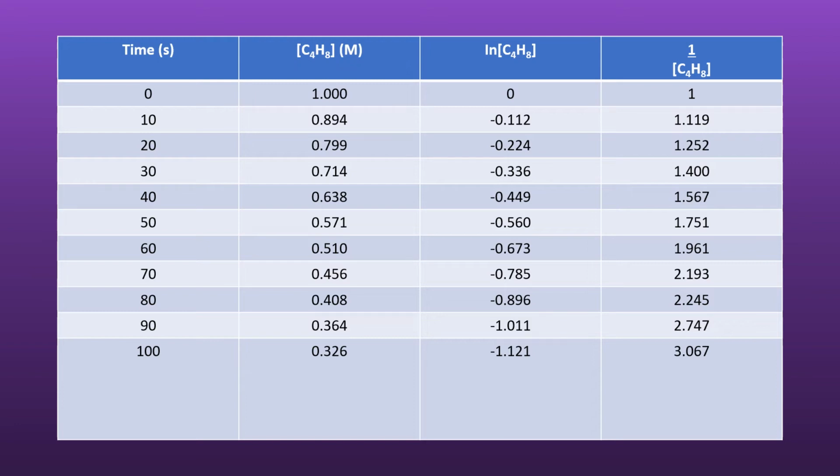Now, if you want to determine very quickly, just by looking at our data, which order it is, we know that this is not going down by equal amounts. It went down by 1.6, then by 0.09, so it's not going down by even amounts each time.